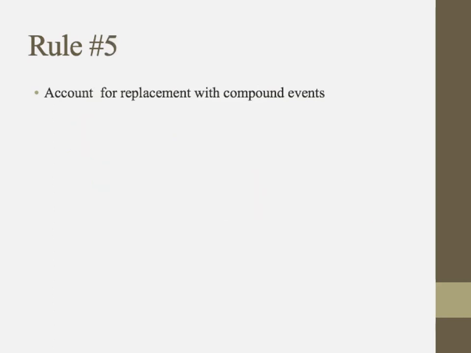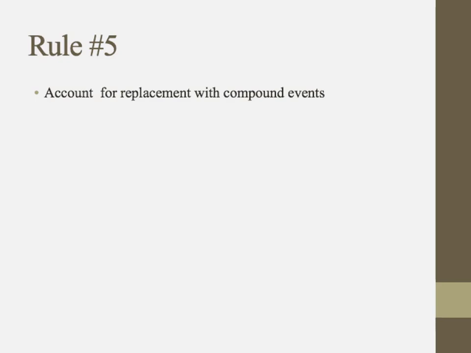Okay, so that leads us to rule number 5, where we need to account for replacement with compound events. So in our previous example, we didn't do this. We didn't account for replacement. So when you have a compound event, we specify whether or not we're replacing what's been taken.